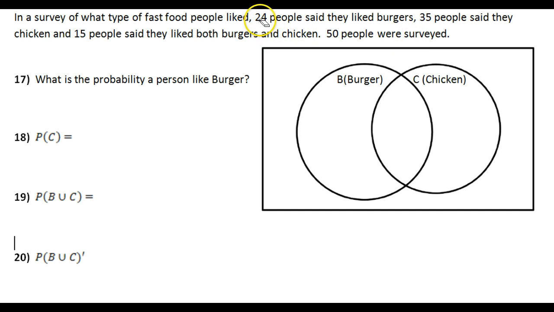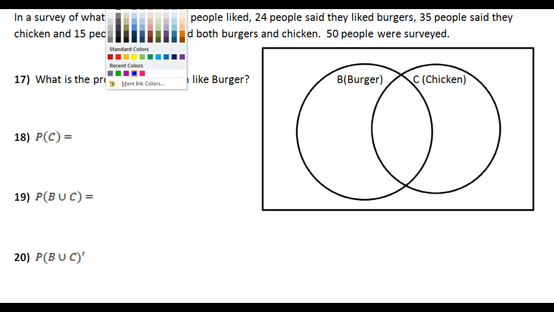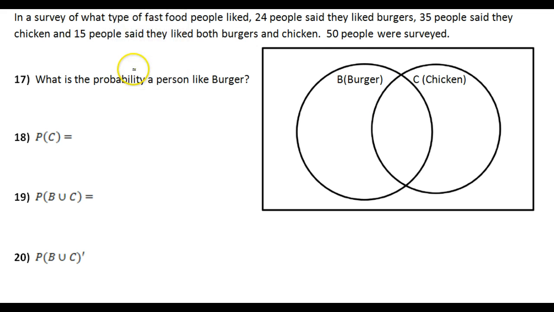Because they see that 24 plus 35 plus 15, that does not add up to 50. So they think there's something wrong in the universe, or at least something wrong with the teacher. But at least as pertains to this problem, there's nothing wrong with the teacher. You have to be careful about how you're understanding the words of this problem.